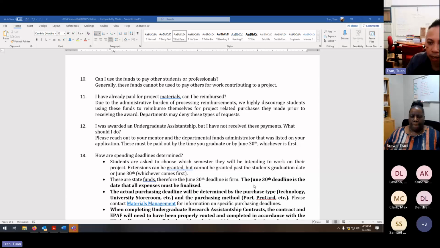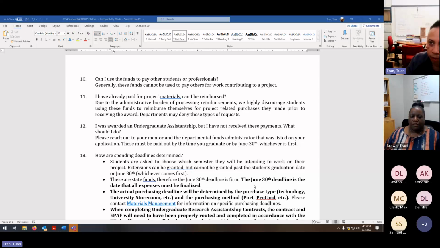What can you do? There's not a whole lot we can do in terms of allowing for extensions because this is state money, especially in the spring semester. In the spring semester, those expenditures need to be expended by June 30th. And that's sort of the fiscal year deadline for the state. We have no control over that.